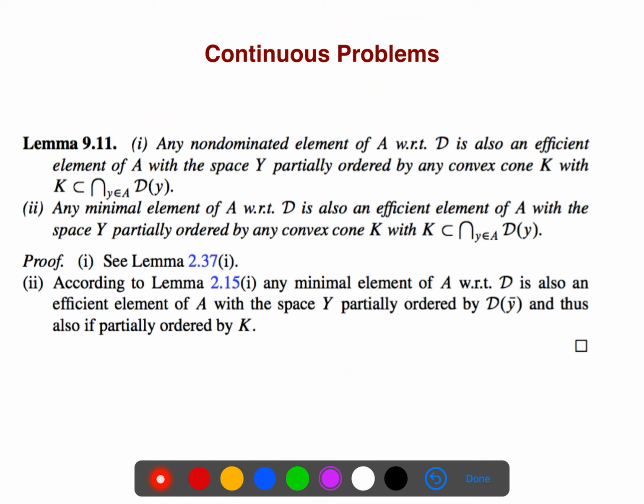And then continuous problems, which we are interested in because many real problems can only be solved by a continuous approach to multi-objective optimization. Before saying what we are doing, I should say any non-dominated element with respect to D is also an efficient element of A with respect to Y. And if K is an intersection of all those cones, then the second part says that any minimal element is also an efficient element.